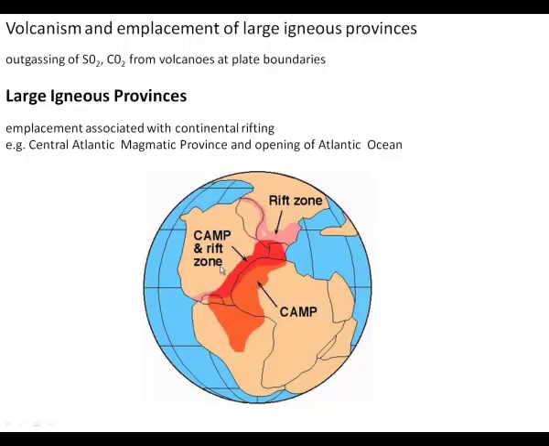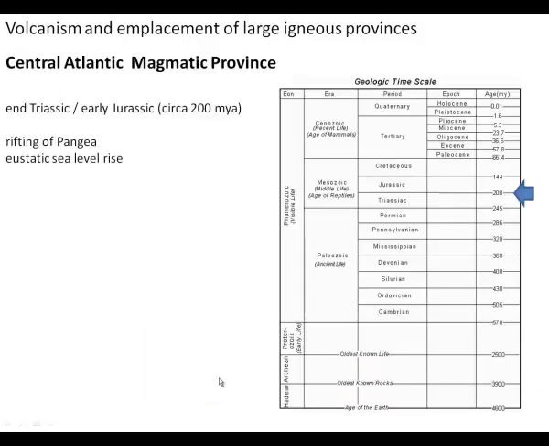The example I want to draw your attention to is the Central Atlantic Magmatic Province, which is associated with the opening of the Atlantic Ocean following the breakup of the supercontinent Pangaea. As you can see, today relics of this province can be found in Western Africa and the northern part of South America, but at the time of their formation they essentially formed one contiguous mass on an absolutely huge scale.